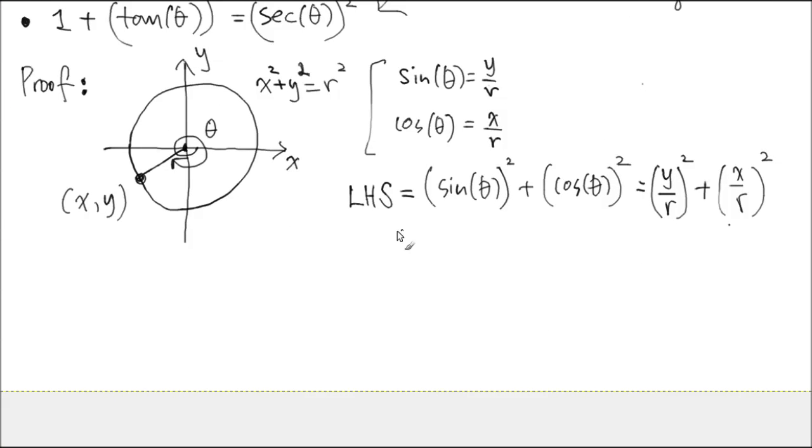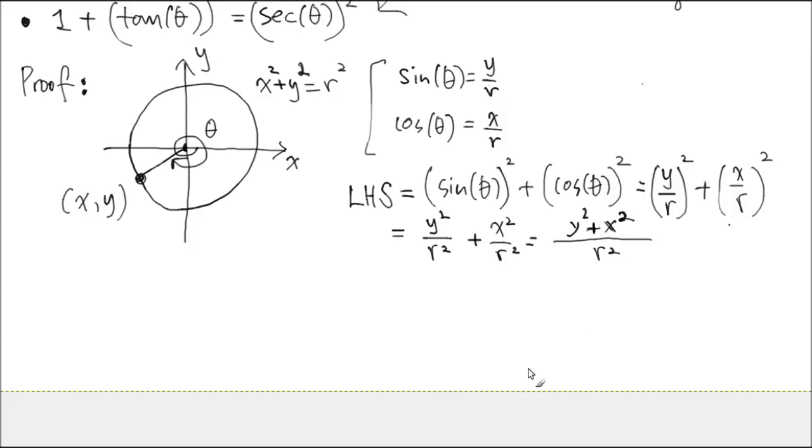We continue. We have to keep calculating. It happened to have a common denominator. Do you remember the square distributes over division and multiplication, but not over addition. So here's x squared divided by r squared. Does that make sense? You have a common denominator, you can put it together like that, right? And what's the numerator? Y squared plus x squared.